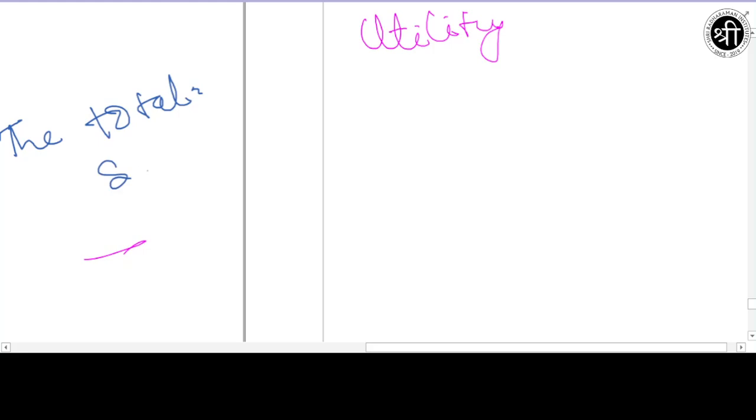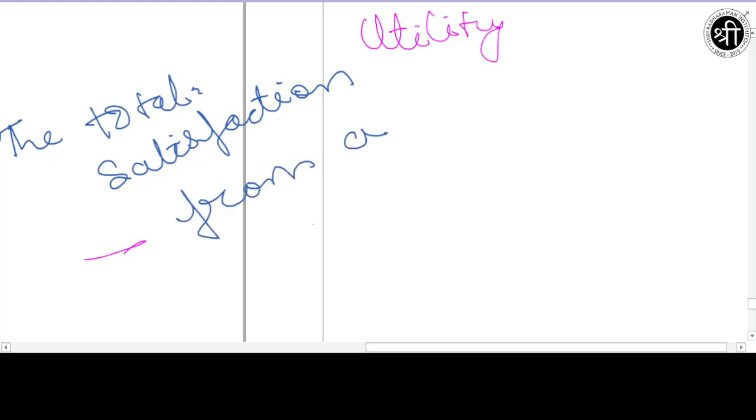Okay, so if I write the definition of utility, what is it going to be? It is going to be the total satisfaction from the consumption of a commodity, or simply from a commodity.